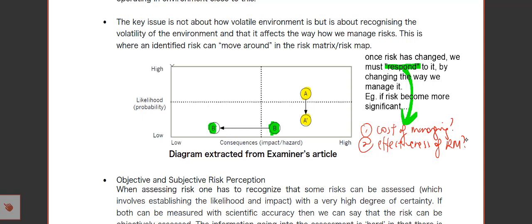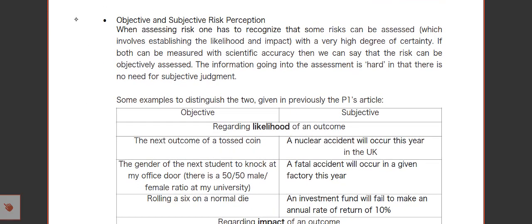Because if you don't respond to the change in the risk, your risk management strategy may not be effective. Now, that is the first part, to understand whether your risk environment is dynamic or static.